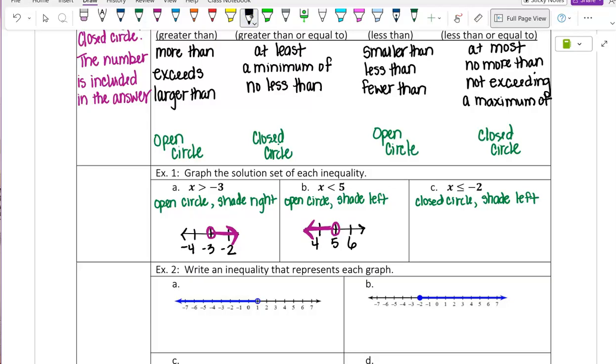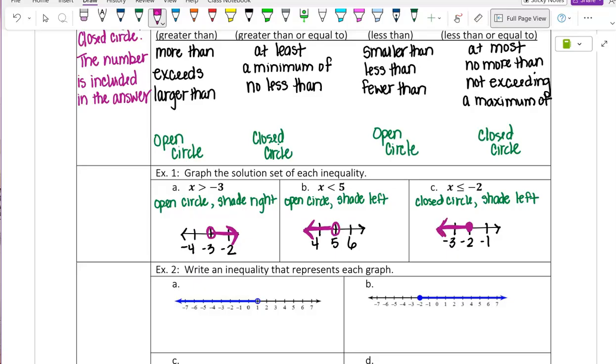So again, draw my number line. -3, -2, -1. This time I want a closed circle at -2 because it is part of the solution. And I'm going to shade to the left.